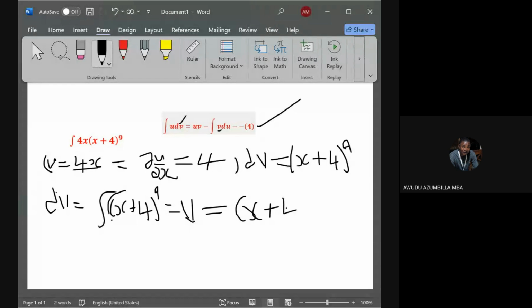So we are going to have x plus 4. Then you add 1 to the exponent, which gives us 10.